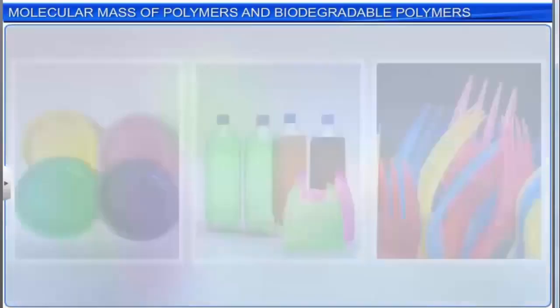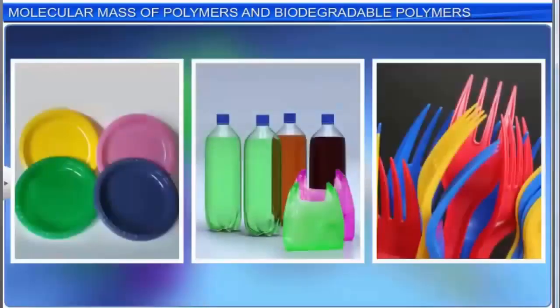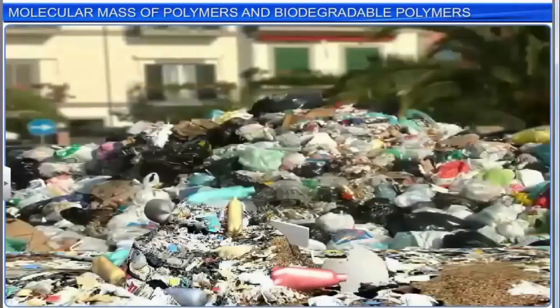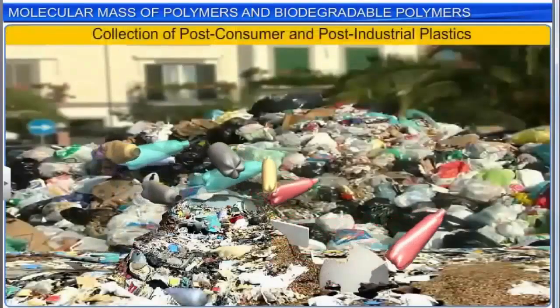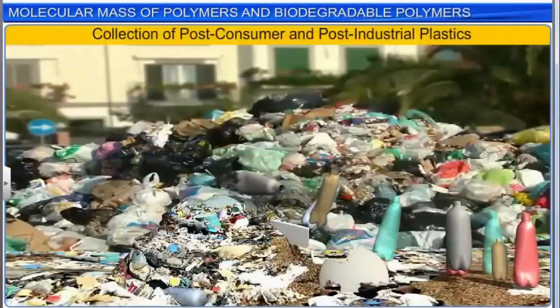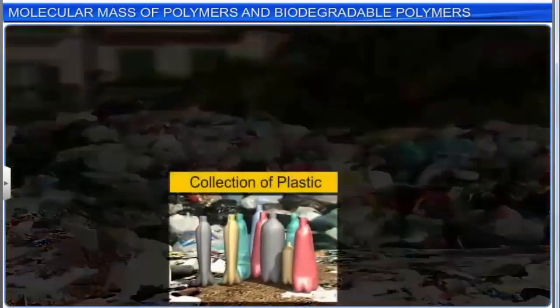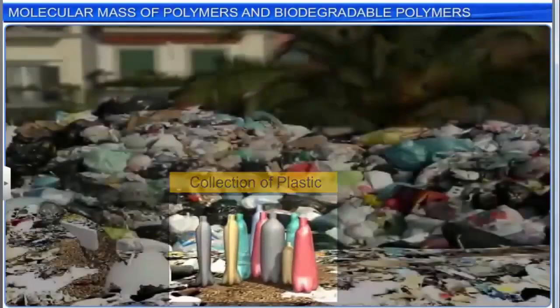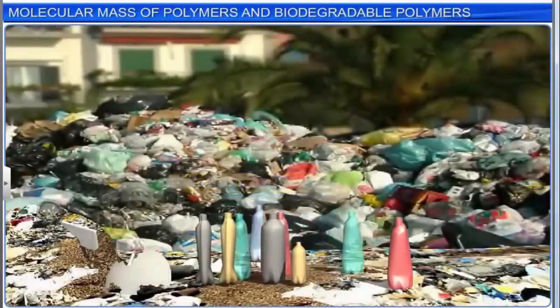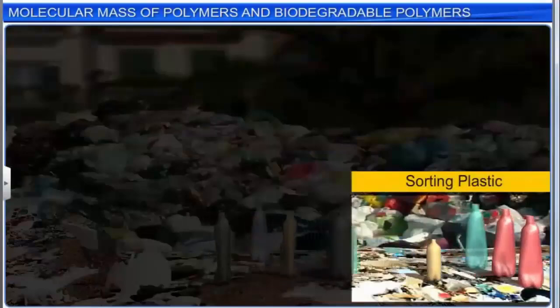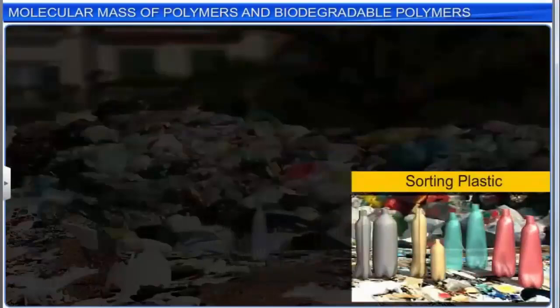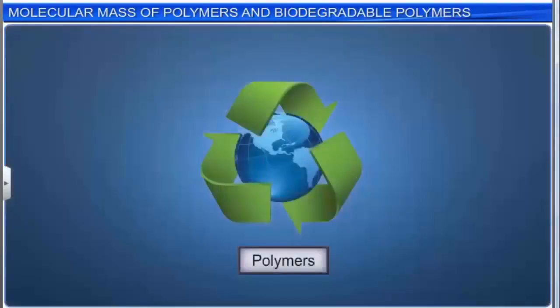Many plastics can be recycled. Recycling starts with the collection of post-consumer and post-industrial plastics. Once the plastics have been collected, they need to be sorted. In principle, many polymers can be recycled.